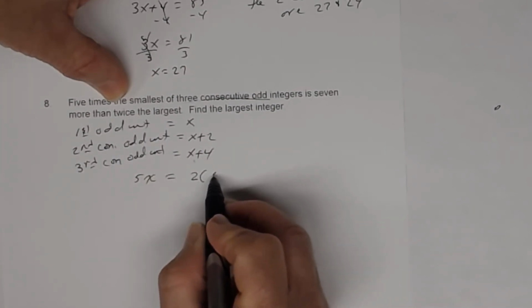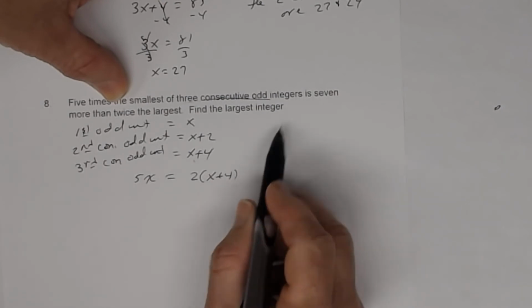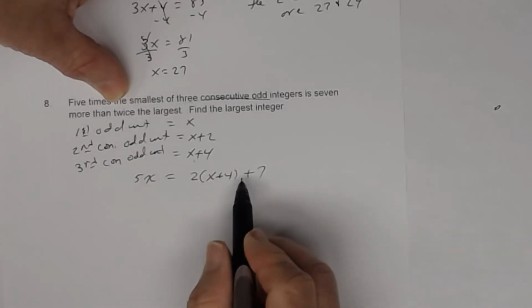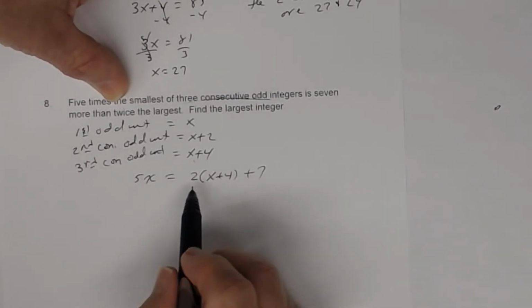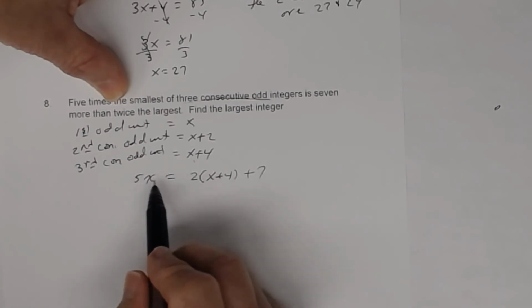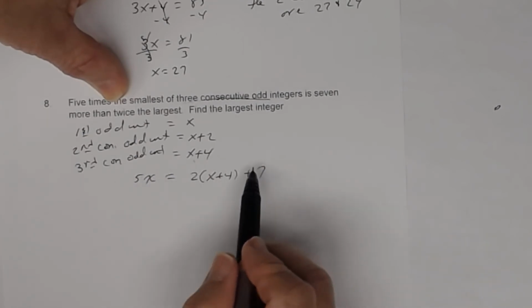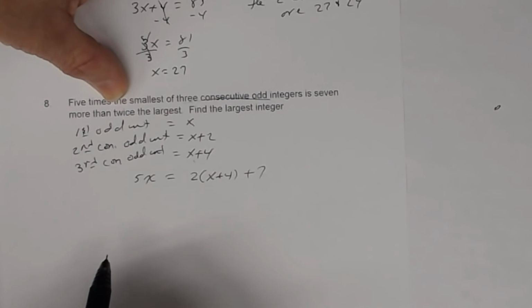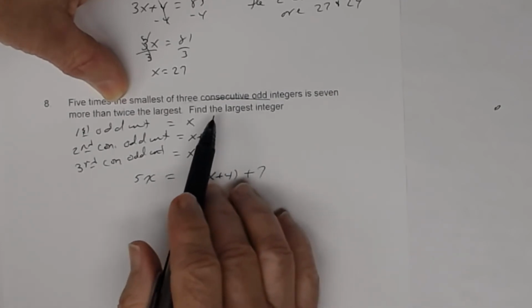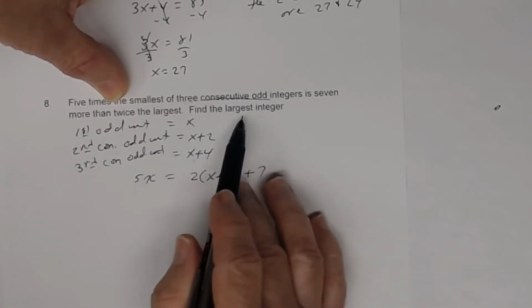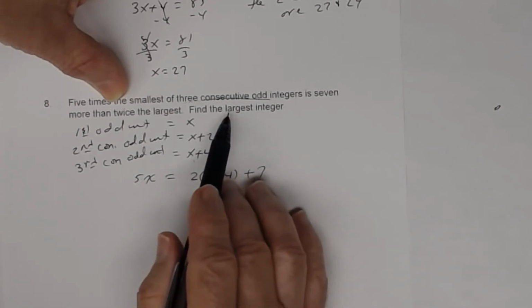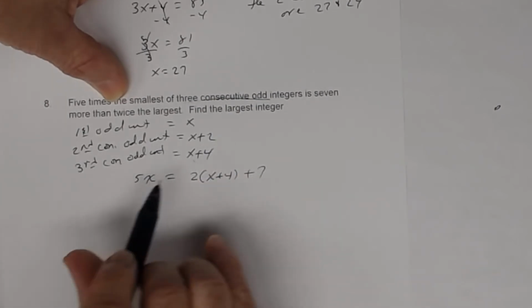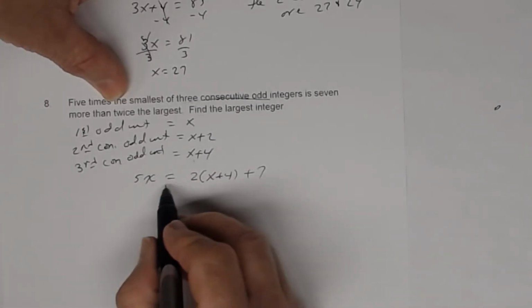So 2 times x plus 4, and 7 more than that, right? Is 7 more than twice the largest. So 5 times the smallest is 7 more than twice the largest. And be careful this time. All they want you to find is the largest. So your answer has to only indicate the largest. Make sure you always answer the question. Okay, so there's my equation.